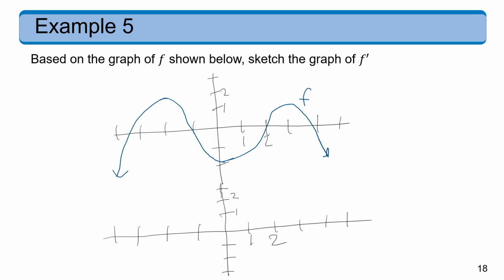I notice a few of these. One is right here, horizontal tangent, another one here, and a third one. Whatever those x-coordinates are, we know the slope of the tangent is 0 at those x-coordinates. So when we graph f prime, we want to have value 0 at those 3 locations.